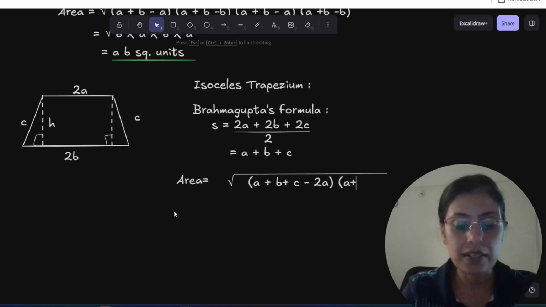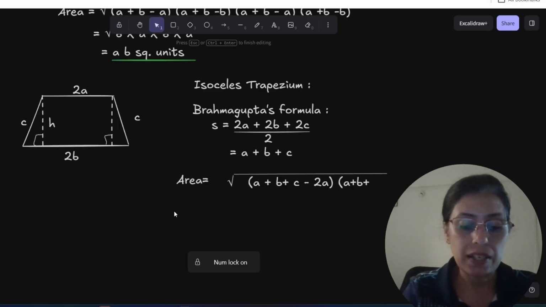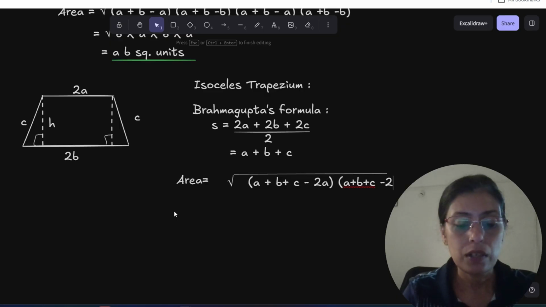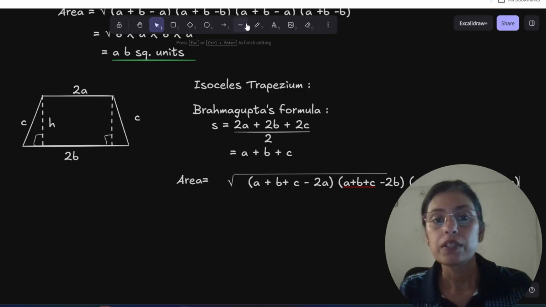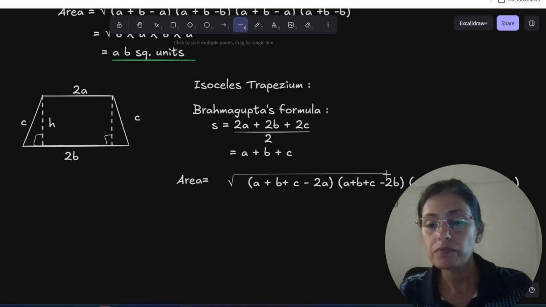So here S is A plus B plus C minus 2B. And then the two other sides are C and C. So A plus B plus C minus C, A plus B plus C minus C. So we have taken all the four sides.